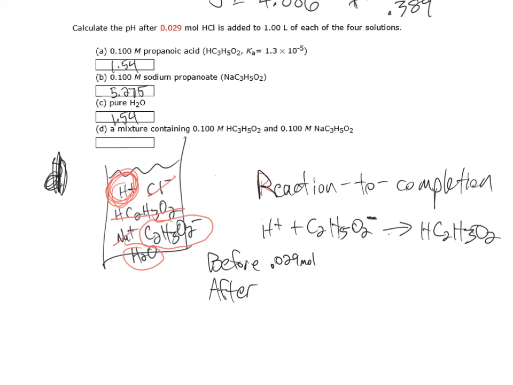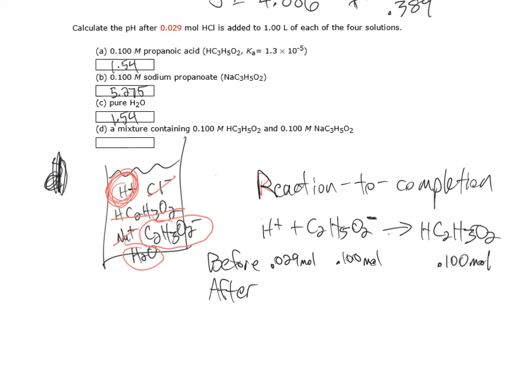So 0.1 times 1 gives us an initial number of moles of 0.1. And then lastly, we have 0.1 molar sodium propanoate in a 1 liter solution. So again, we would find that by taking 0.1 times 1 and get 0.1.